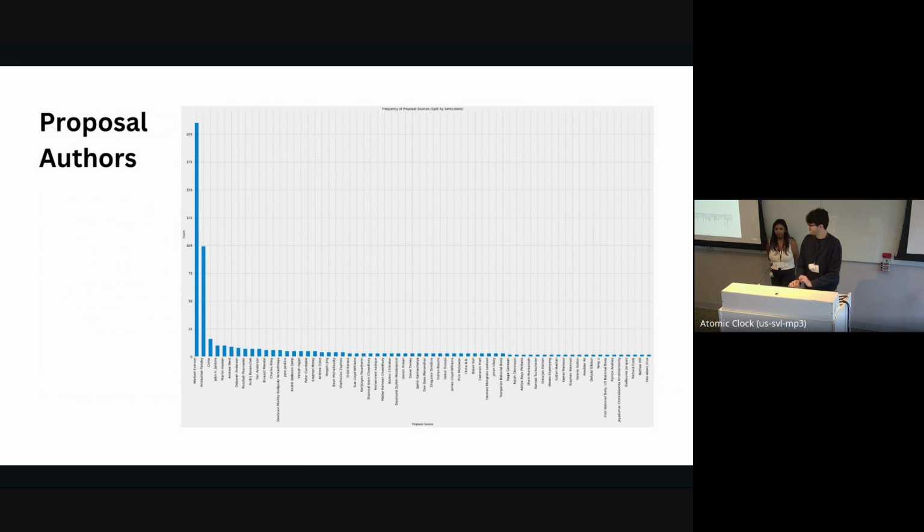Past that, this is a really large graph, which you don't actually need to be able to read. But the important thing to see here is, on the y-axis, the total number of proposals, and on the x-axis, all of the different possible authors. What's important to know is that on the left side there's a really significant rise for 2 people. And as I'm sure a lot of people might be aware at this point, Michael Everson is the leftmost one, and Anshuman Pandey is the second leftmost author on this list.